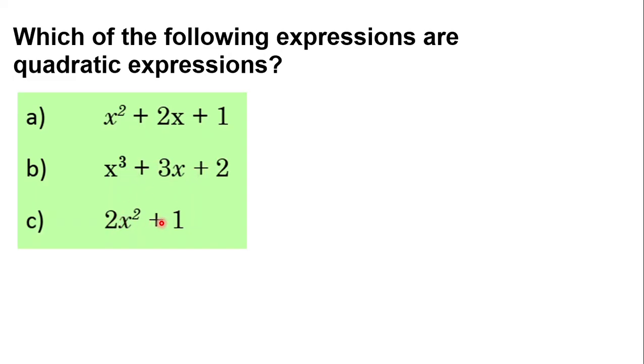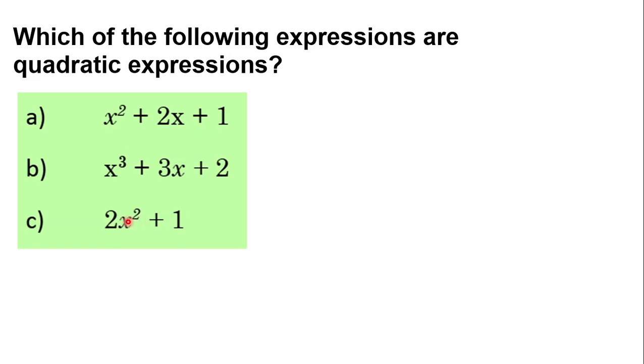Let's look at this. This is 2x squared plus 1. The highest power is a 2. The power to which x is raised is a 2, and a is 2. Of course, b is 0. Here b is 0, but c is positive 1.